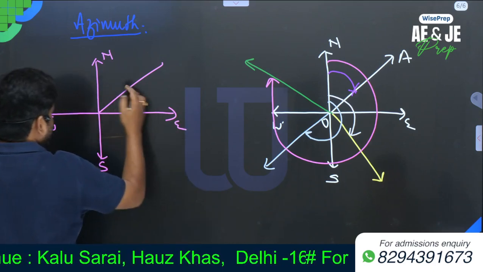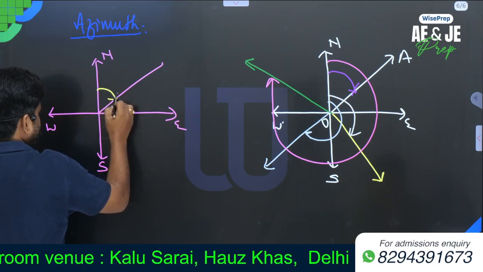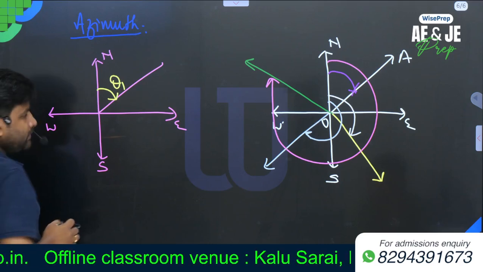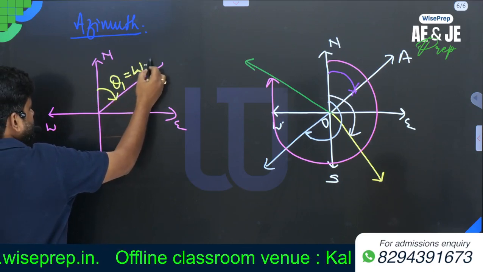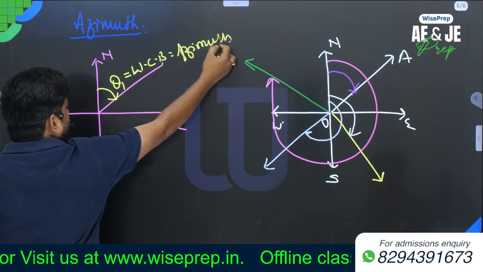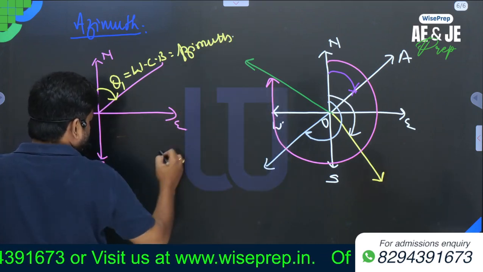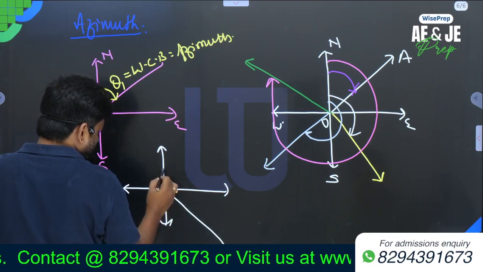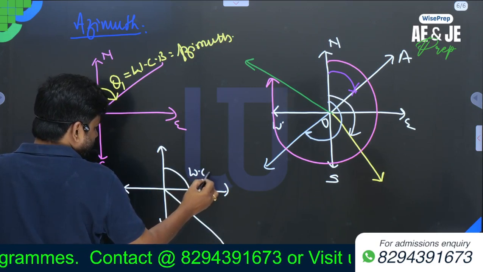If it's in the first quadrant, it will be like this, theta. So that's also equal to whole circle bearing. That's equal to azimuth. But if it's like this, this will be WCB.